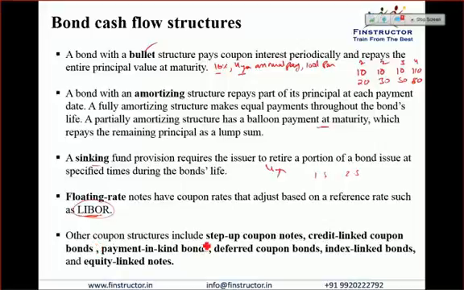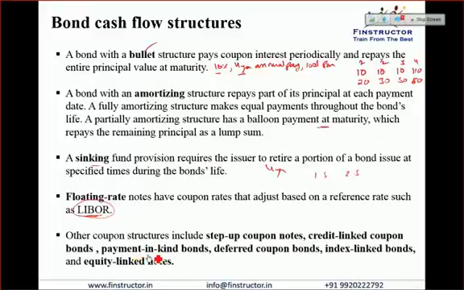Other coupon structures include step-up coupon notes. So herein coupon keeps going up after a particular period. Credit-linked coupon bonds, where the coupon is dependent on the credit quality of the borrower. As the credit quality deteriorates, more coupon has to be paid. As the credit quality improves, less coupon has to be paid.